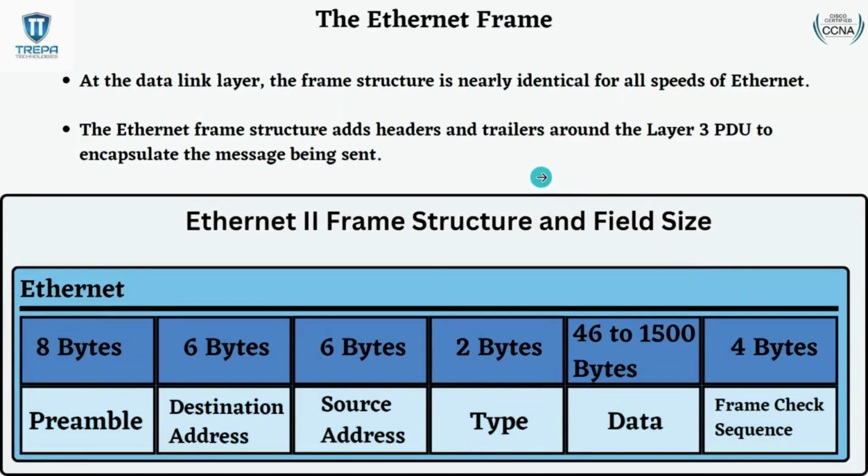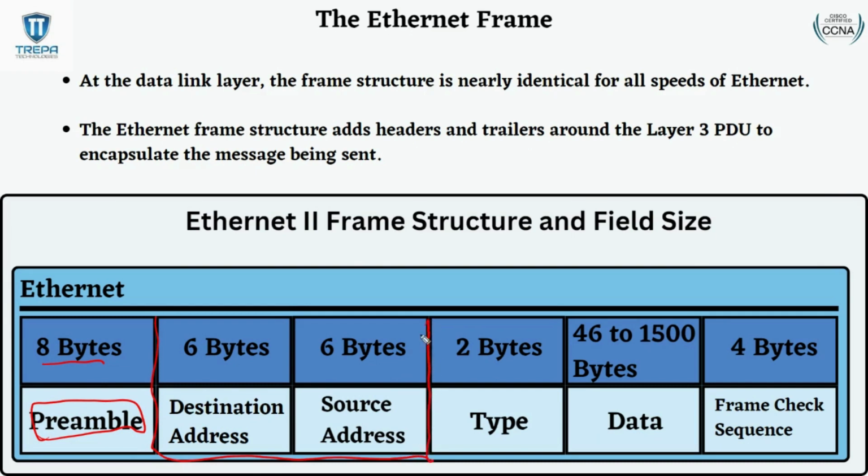So now let's dive into the actual Ethernet frame and take a look at it. At the data link layer, the frame structure is nearly identical for any Ethernet speed. Whether this is regular Ethernet speeds at 10 megabits or gigabit, you're going to generally have the same exact frame, and the same field size. As we can see here, we have 8 bytes for the preamble of this frame. And then we have the important part here of the frame. Well, it's all important, right?